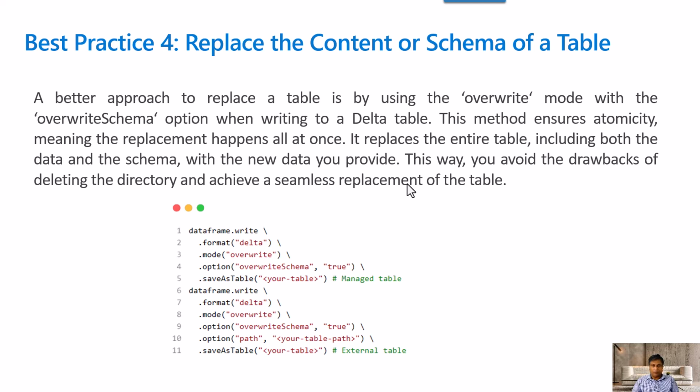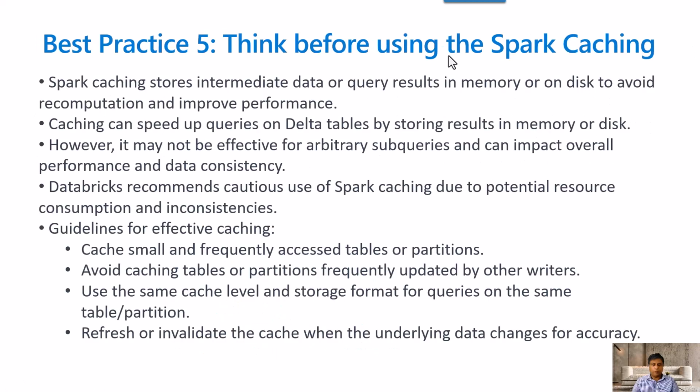It will happen all at once, and it will replace the whole table including the data and schema with the new data which you are trying to ingest. So this way you can avoid all these drawbacks of deleting the directory and achieve a very seamless replacement of a table.